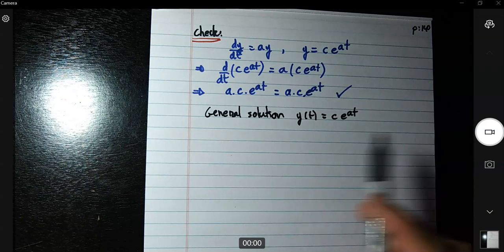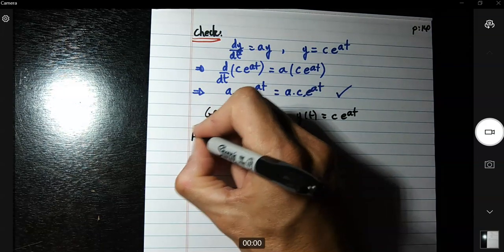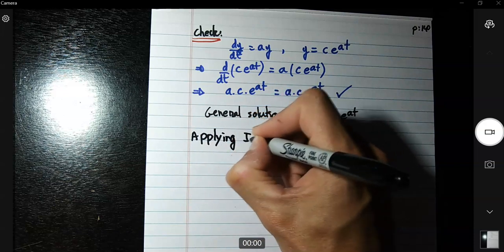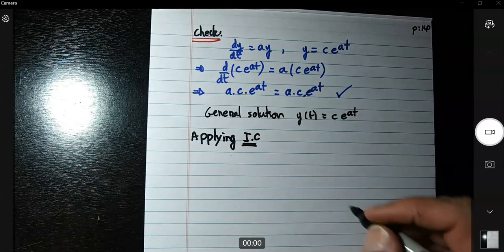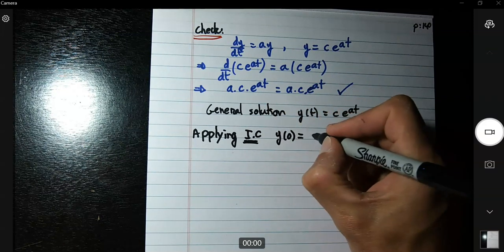And now in order to find the particular solution, we need to apply the initial condition, which is y of 0 equal to 0.